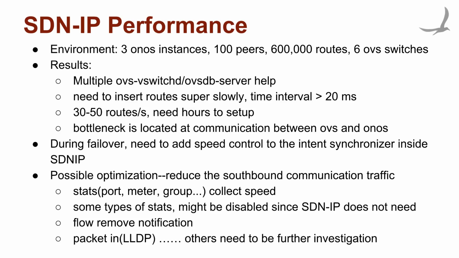And there is some possible optimization of the communication between OVS and ONOS, such as the statistics collection speed. And some of the statistics in SDN-IP we don't need; maybe we can just totally disable them.